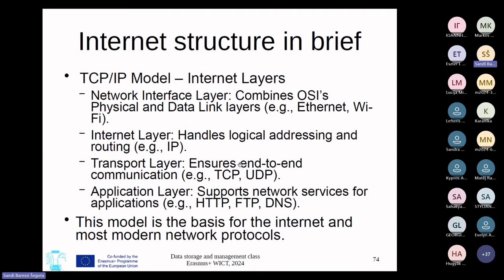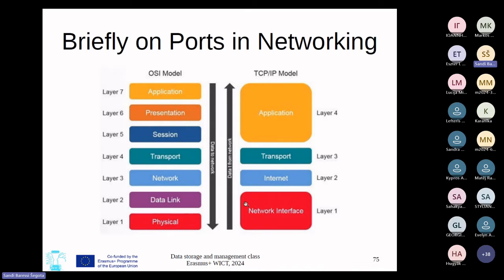Of course, as with every standard, there are different models. Another model that we have is the TCP/IP model, which basically combines certain layers. So it contains a network interface, internet layer, transport layer, and an application layer. It basically simplifies the previous OSI model, as you can see here.